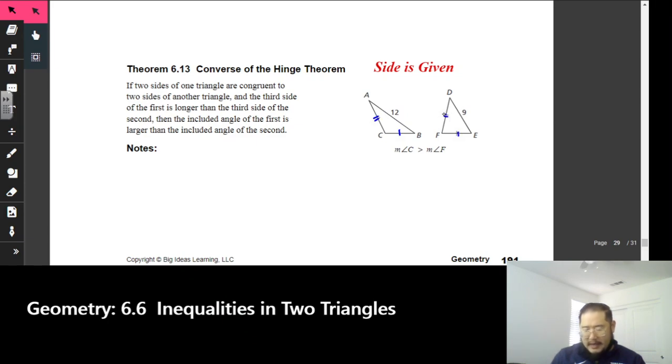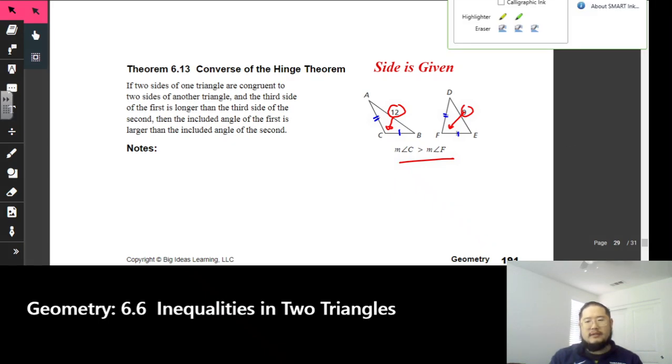Now I'm looking at the third side, and then the angle opposite of the third side. Because AB, which is 12, is larger than DE, which is 9, we can safely say that angle C is larger than angle F. And that is the converse to the hinge theorem.